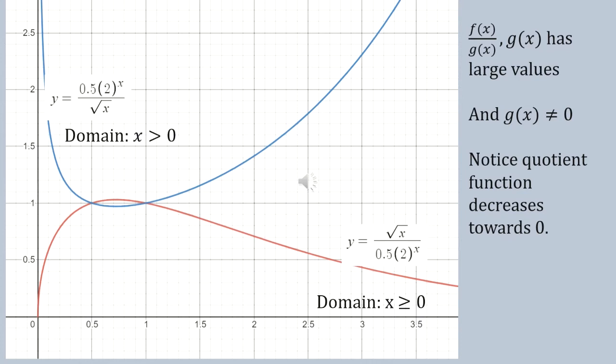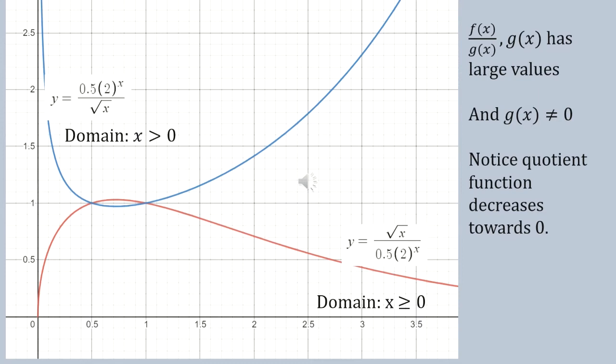Notice too that when the exponential function was in the denominator, exponential functions become very large quickly. Like I don't have to plug in an x that's too large to get an exponential function value that's large. So notice the graph of that division is fairly quickly tapering off towards 0.